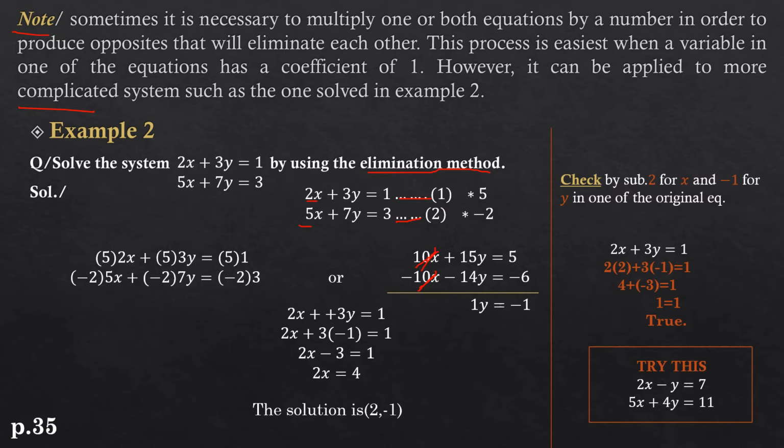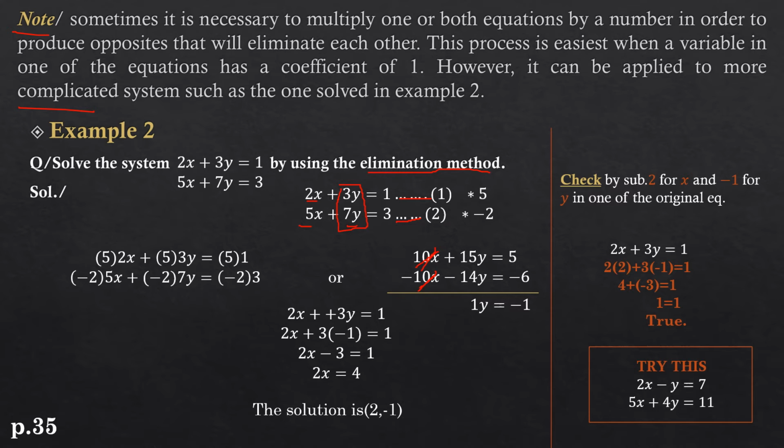You can also use y: multiply 3 by 7 and multiply 7 by negative 3. It will be 21y with negative 21y. They will cancel, and also you can find the value of x. But here, use it to cancel x and find the value of y.